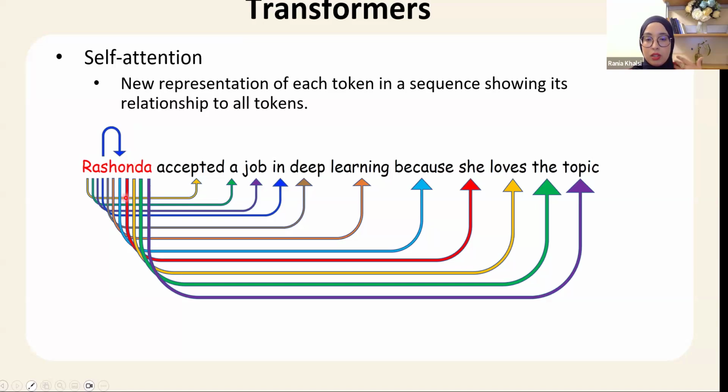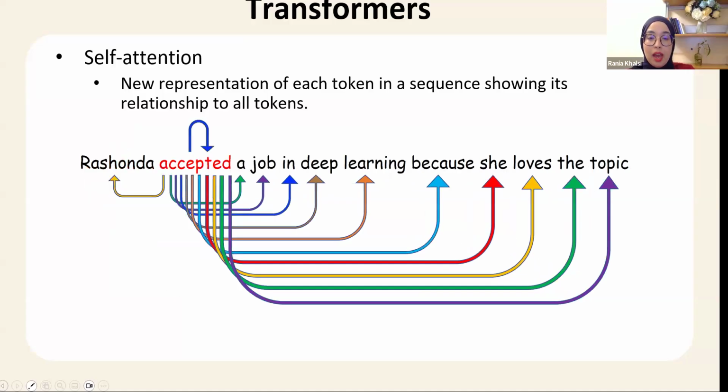This means that we evaluate how Rashanda relates to Rashanda and then to each token in this sentence, by assigning weights to all of them accordingly. Based on this, we can determine the relationships between the token and the rest of the sequence.